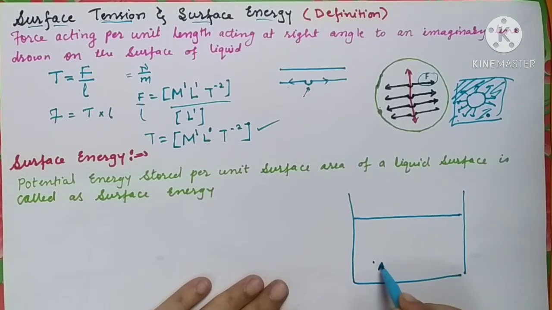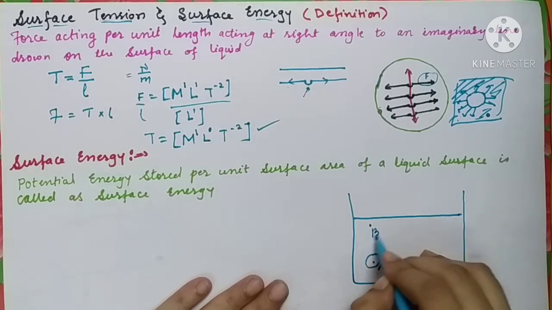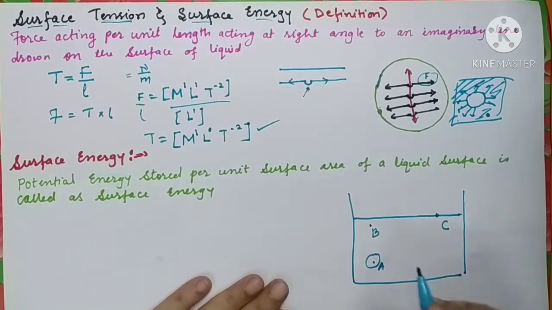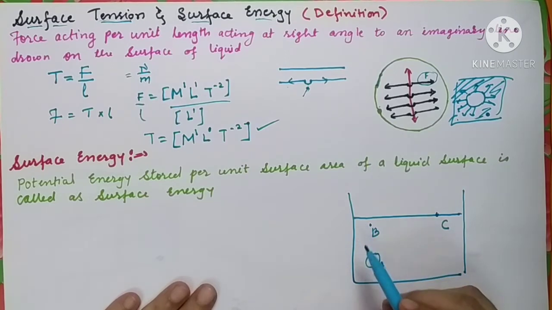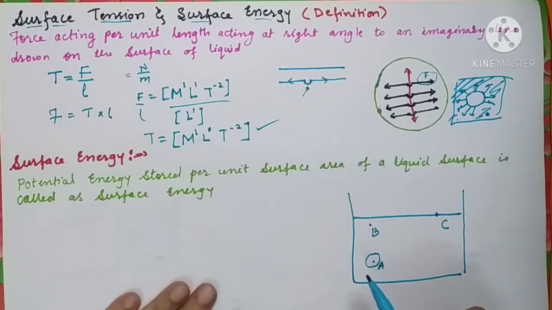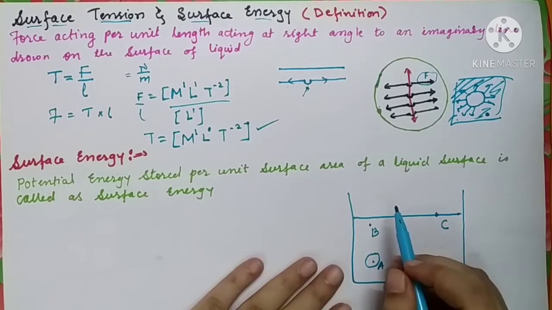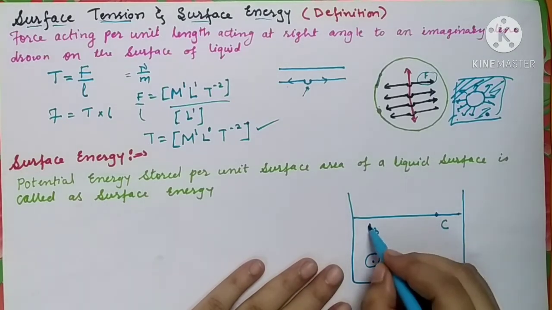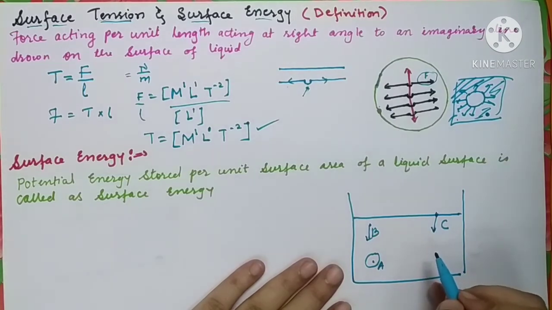Molecule A completely well within the liquid, molecule B just below the surface of the liquid, and molecule C which is there on the surface of the liquid. We had taken this into account while studying the molecular theory. We all know that molecule B and molecule C will be acted upon by a force called inward pull. The force acting on molecule B is inward pull, as well as on C is also inward pull.